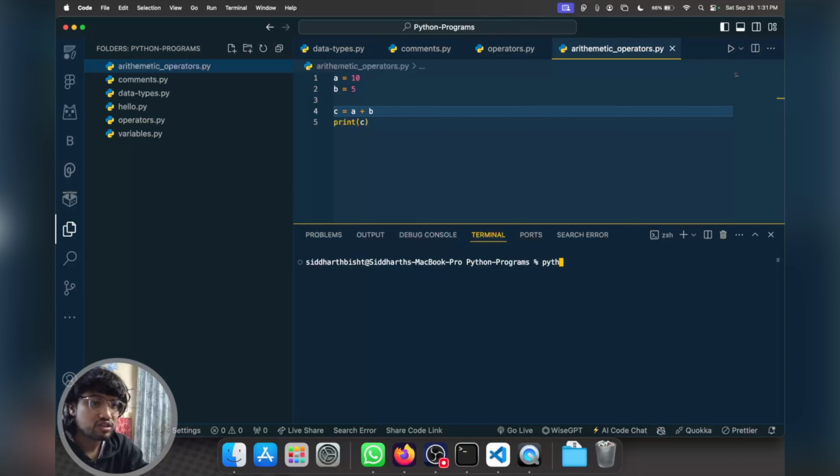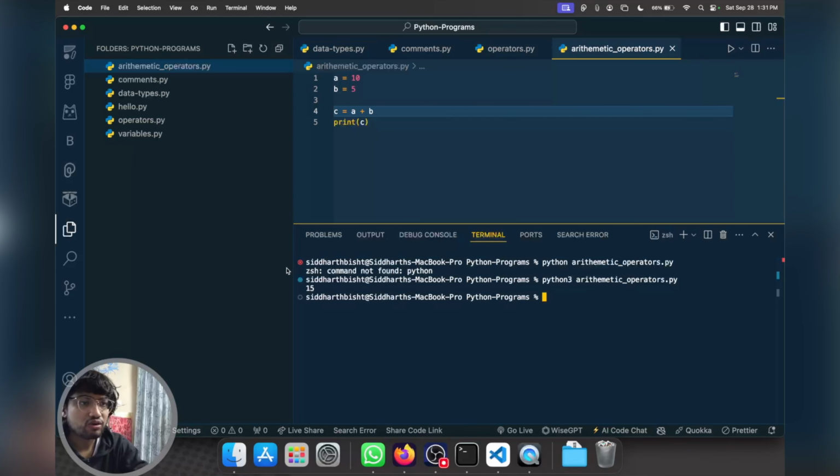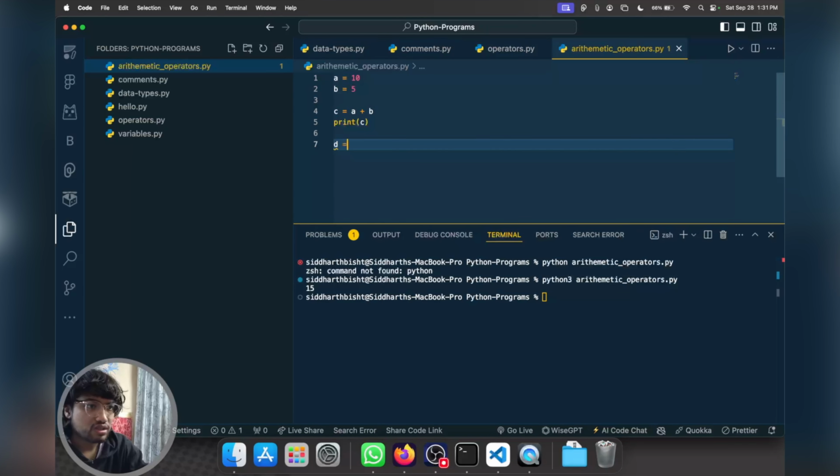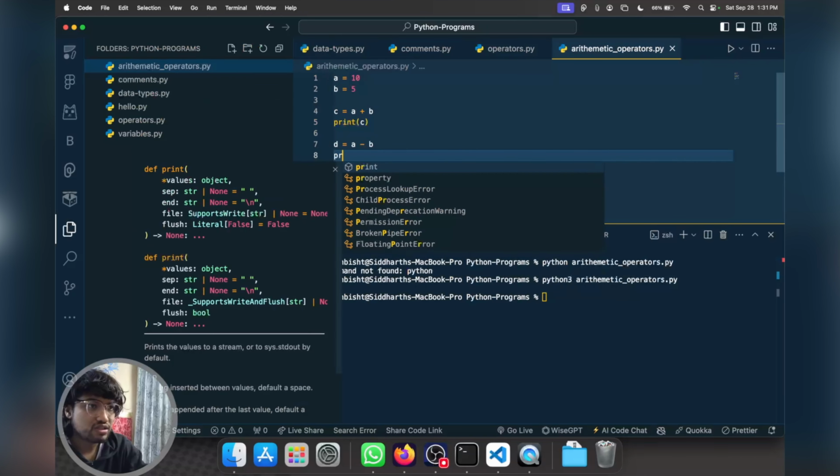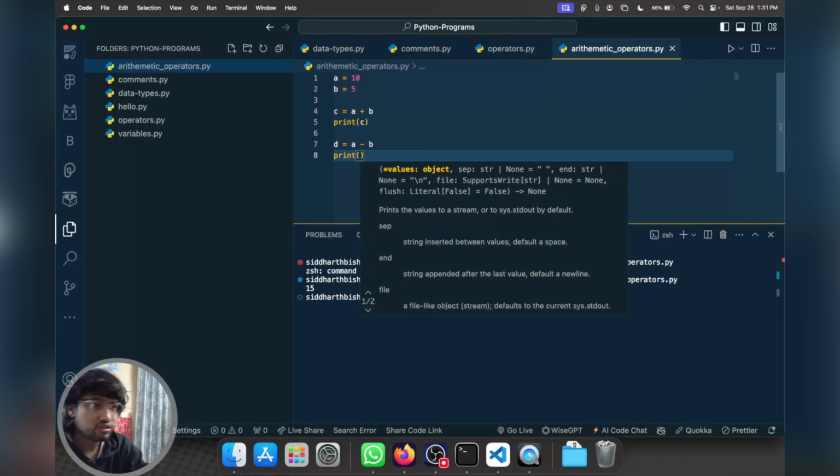Let me just run this: python3 arithmetic operator.py, and I got the answer 15. Similarly, we have some more arithmetic operators. I can say d is equal to a minus b. This is a minus operator, or subtraction operator, you can also say.